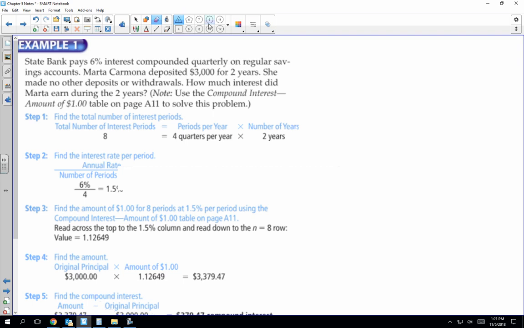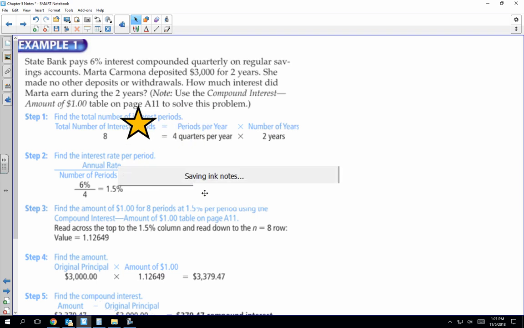She made no other deposits or withdrawals, so that means it's a pretty straight up interest calculation. How much interest did Marta earn during the 2 years? Use the compound interest amount of $1 table on page A11 to solve this problem. So I'm going to pull that table so that you guys can see it.